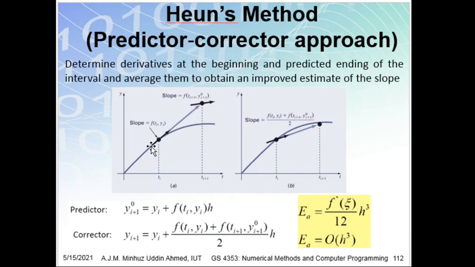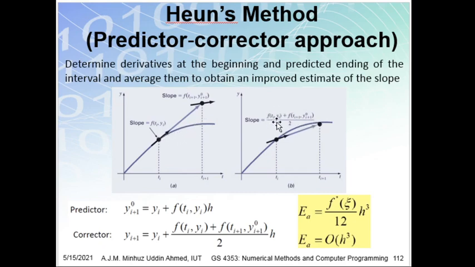So what we can do, the slope at this point and slope at this point can be averaged, and in between these two, the middle slope can be approached like this. So we will be taking the slope at this point and the slope at this point, making the average of these two slopes, and the average slope will be applied at this point so that we can get close to this point.